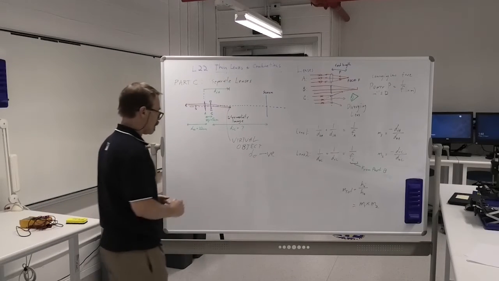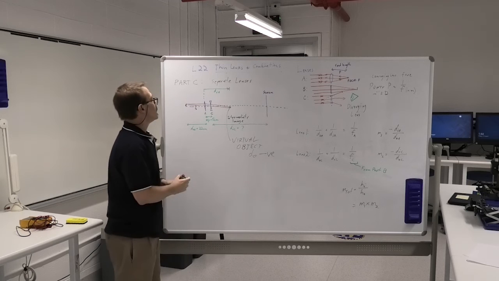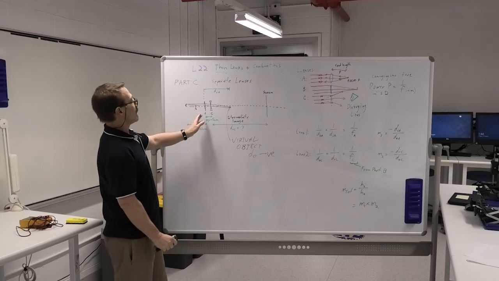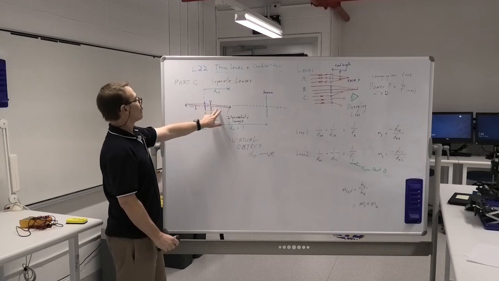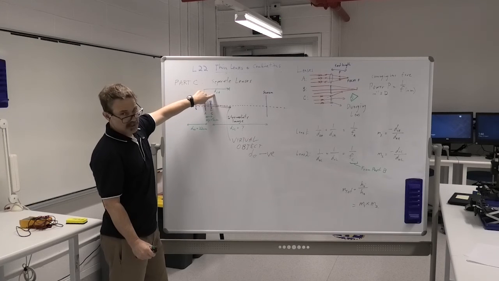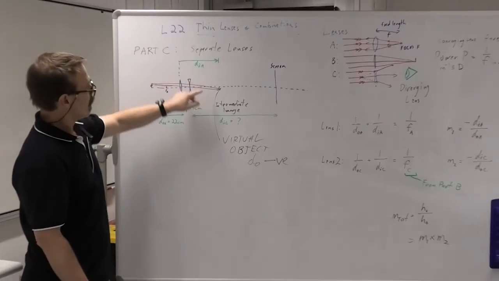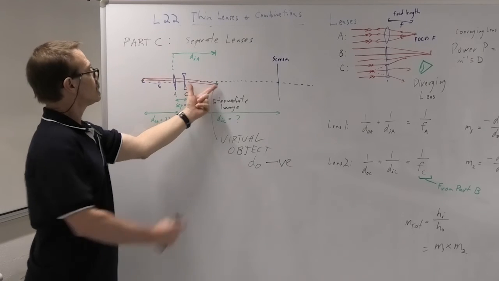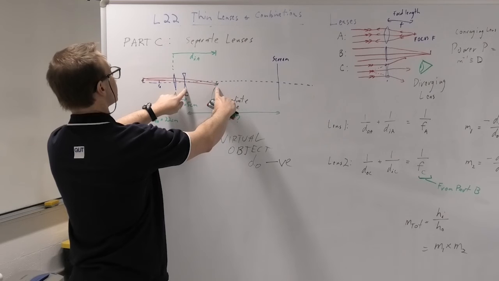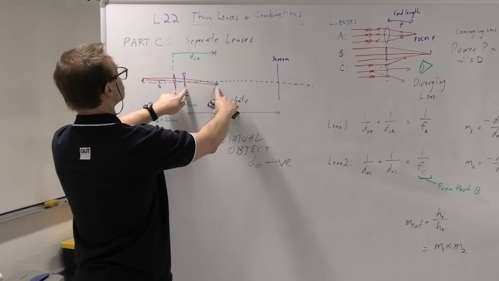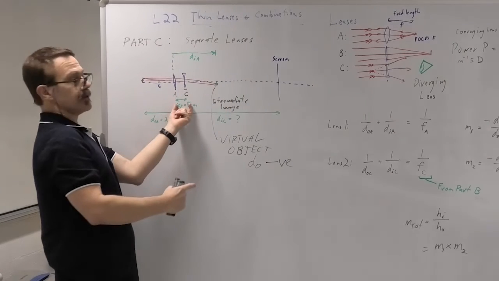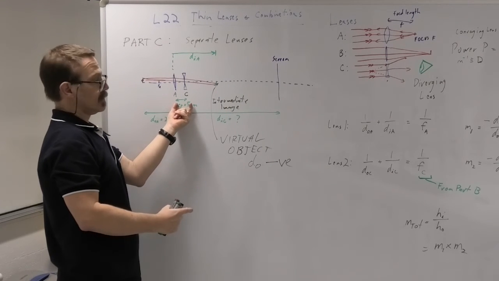So there's trick number one. Trick number two, the actual distance of the object from lens C is not this distance, right? Thinking about it, the object distance from the object back to lens C, backtracking against the light, is not the same as the distance of the image from lens A. They're different by this much.